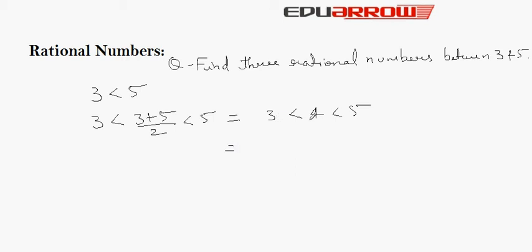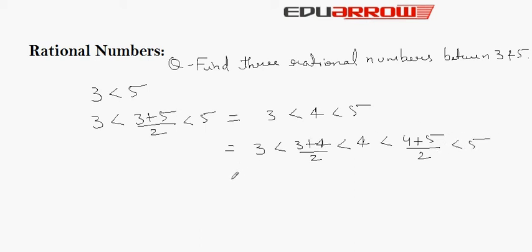A rational number between 3 and 4 can be written as 3 is less than 3 plus 4 by 2, which is less than 4. And now we will find a rational number between 4 and 5, that is 4 plus 5 by 2, that is less than 5.